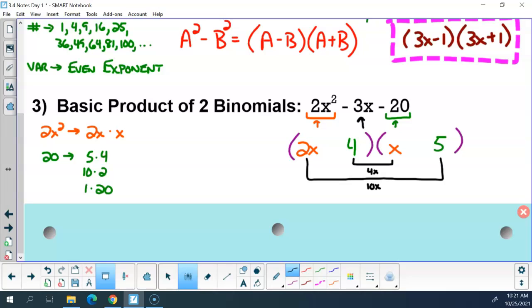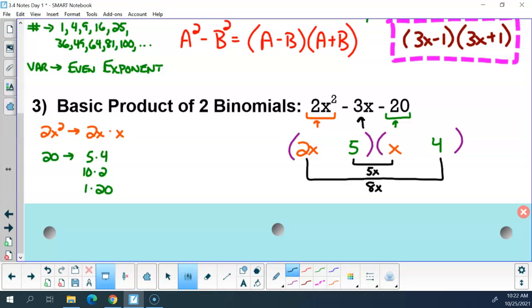This is where using a pencil is helpful, because now we've got to erase. Let's try 5 and 4, because if they're in a different order, maybe we get different numbers. 5 times x is 5x. 2x times 4 is 8x.